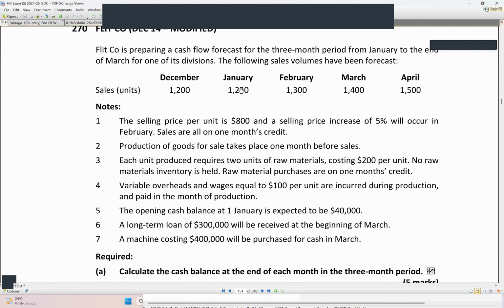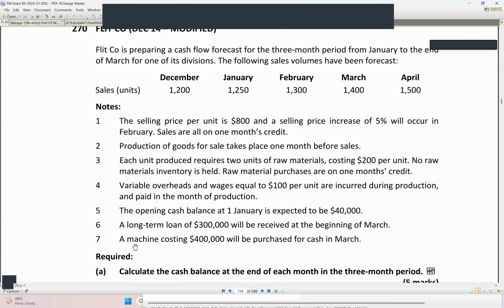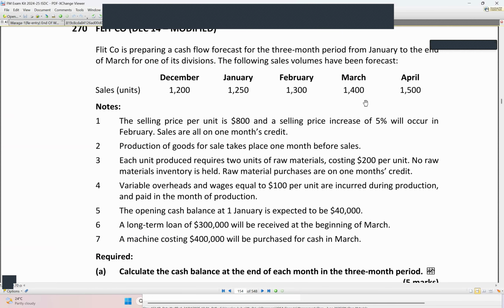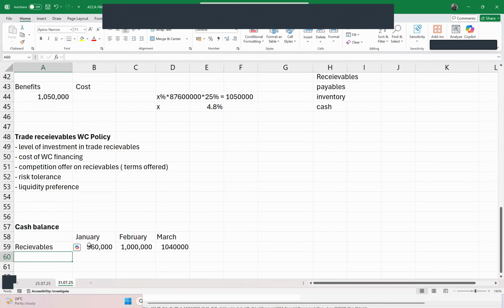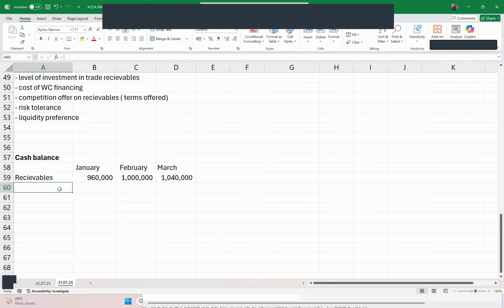Then the January sales will be in February, 1,250. Then the February sales will be in March. Now the March sales will be in April, so we don't have to put April for that matter. So they're asking us for 3 months.